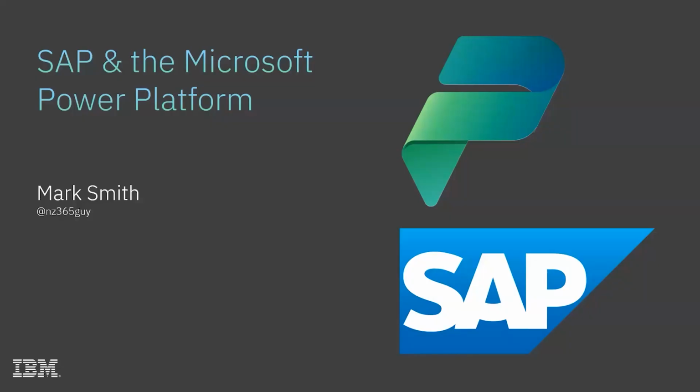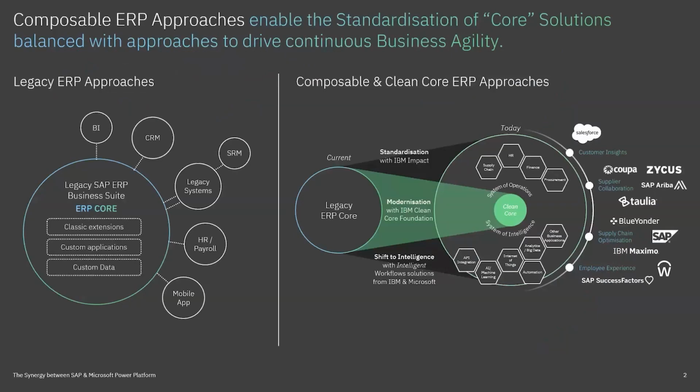But let's get underway. I want to talk today about the synergies between the Microsoft Power Platform and SAP. If you've been working in SAP, there has been a push to go for what we call clean core on SAP. On the left-hand side, in a legacy ERP approach, a lot of application development and custom apps are built in the core system.